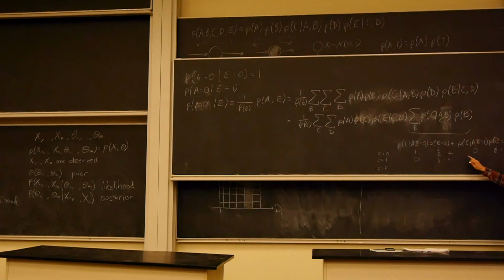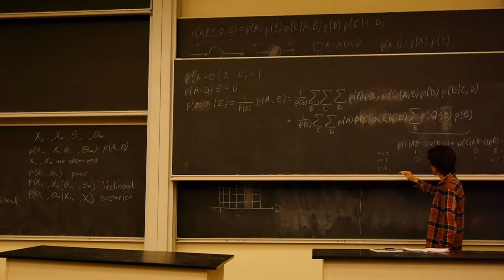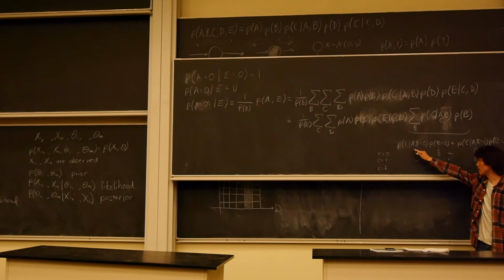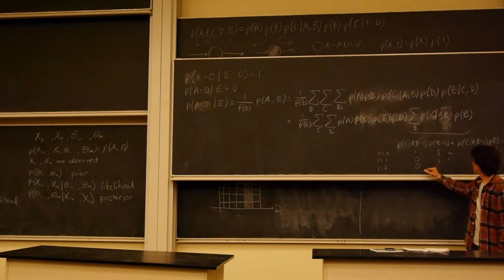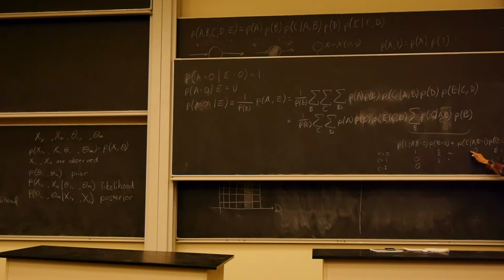C is equal to 1, given that A is equal to 0 and B equal to 1? 1. And C equal to 2, given that A is equal to 0 and B equal to 0? And C is equal to 2, given that A equals 0 and B equals 1? 0.